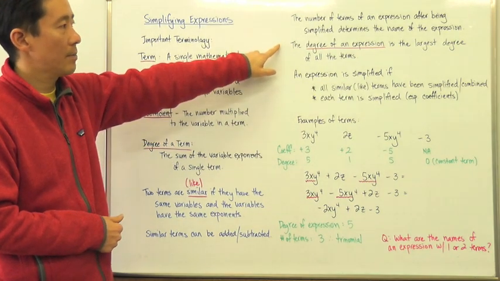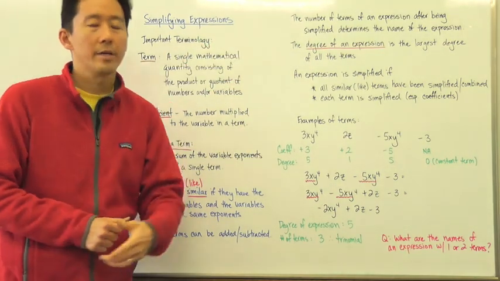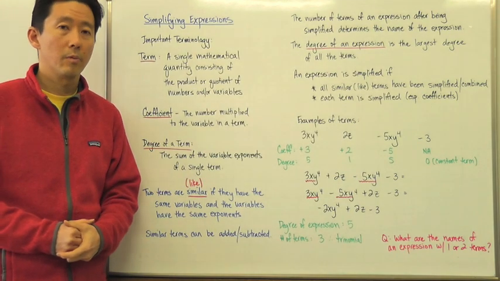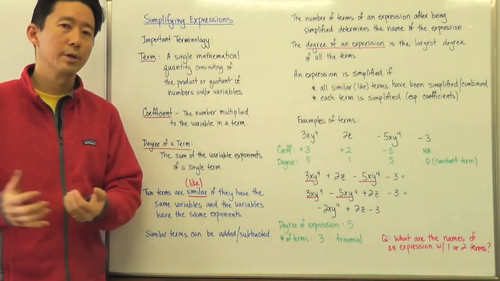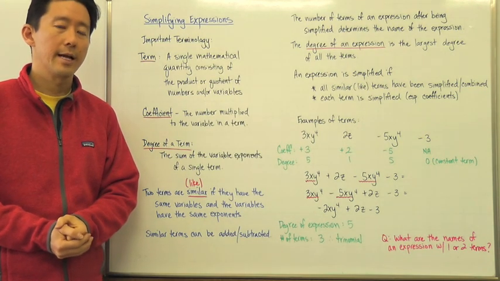Then we can talk about the degree of the expression as well as the name of the expression itself. Okay, so we'll take a look a little bit more at some of the examples in the book and practice some of these problems the next time that we meet in class.